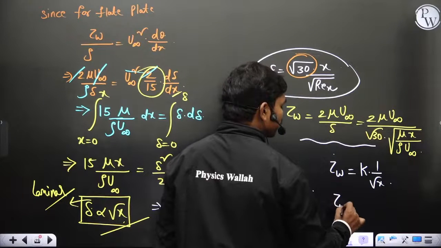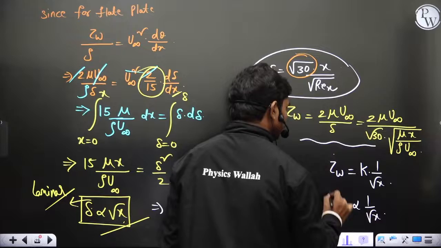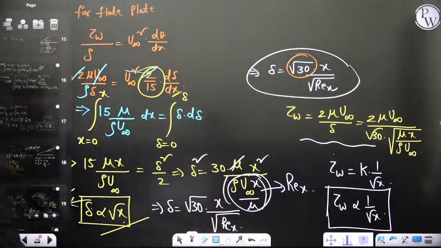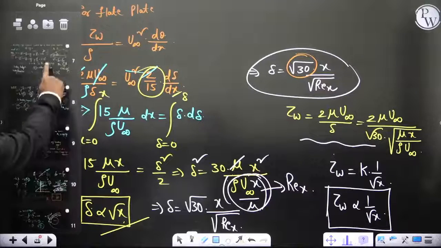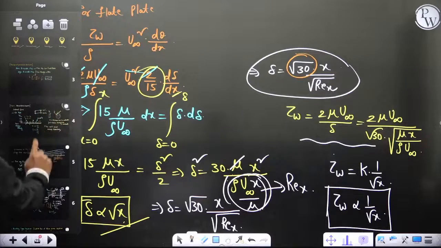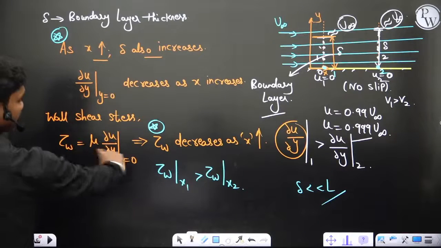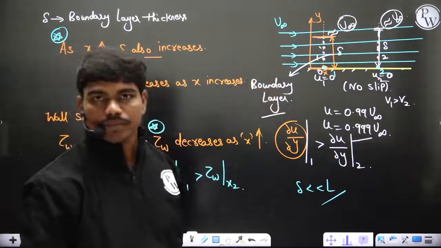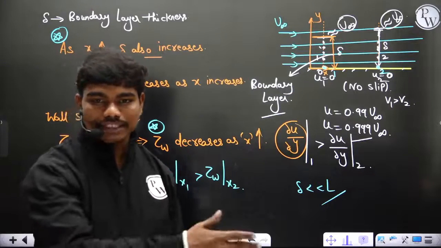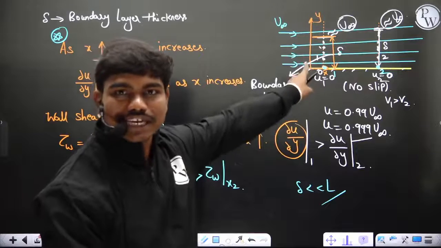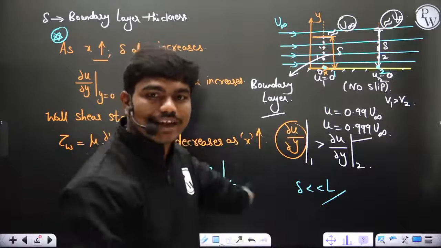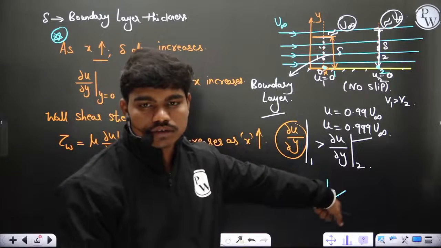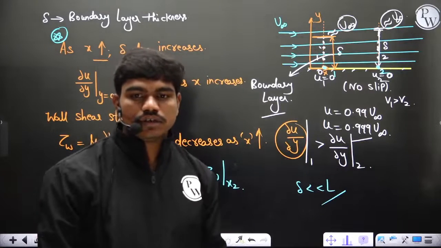You understood this? So tau w is proportional to 1 by root x, which means as x increases, tau w decreases, which you also understood from the physics of the flow, before non-dimensionalization. I'm extending this class because I want to connect all these things which I explained physically with the mathematical things we calculated later.